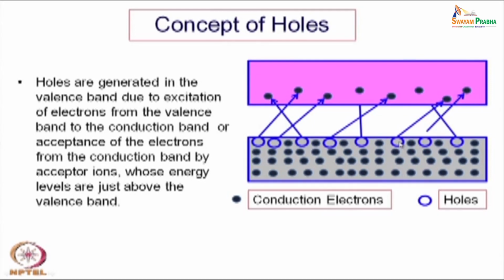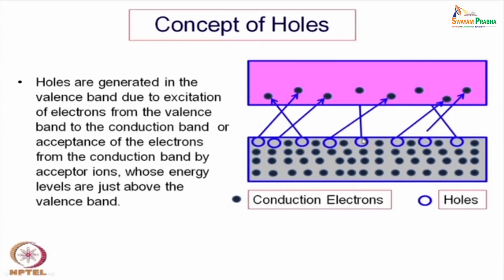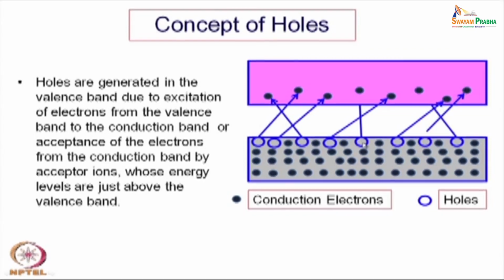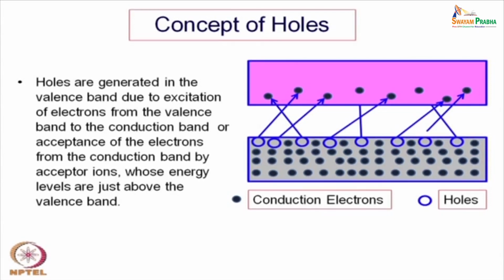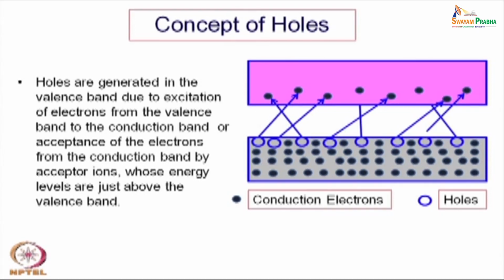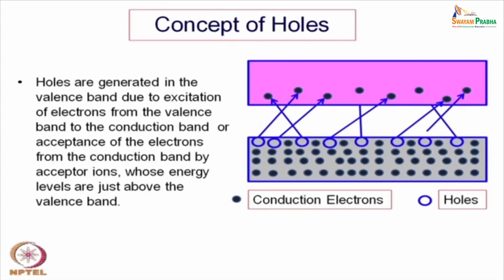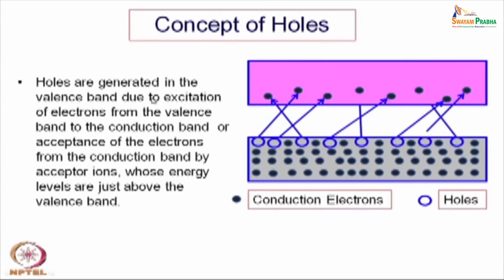So, these are called the electron holes. It is basically a vacant site left over by the electrons which have been excited to the conduction band. So, it is basically a vacancy of electrons. That is the concept of the electron holes.